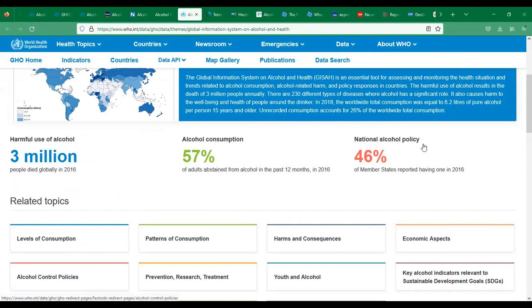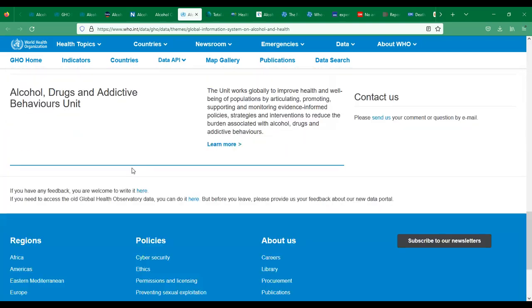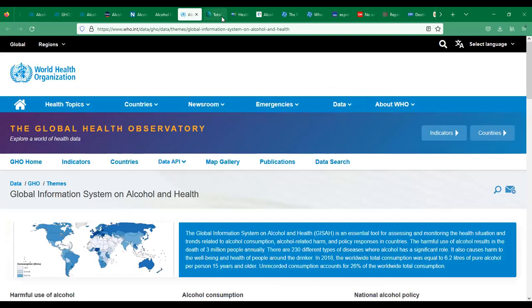National alcohol policy: 46% of member states reported having one in 2016. So you have some research and publications about alcohol.